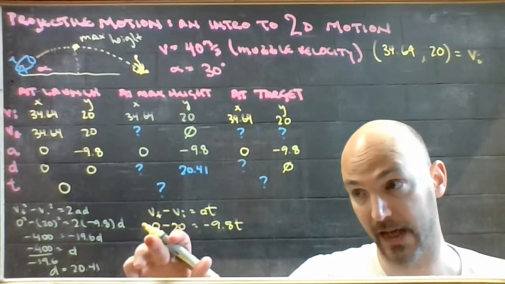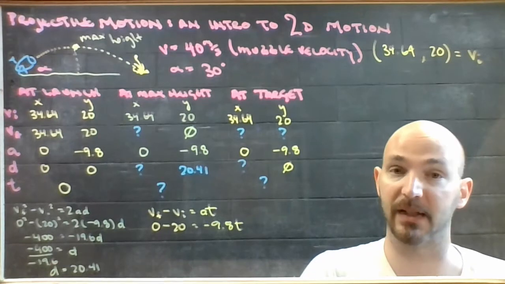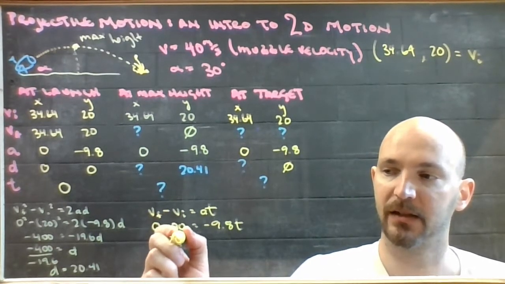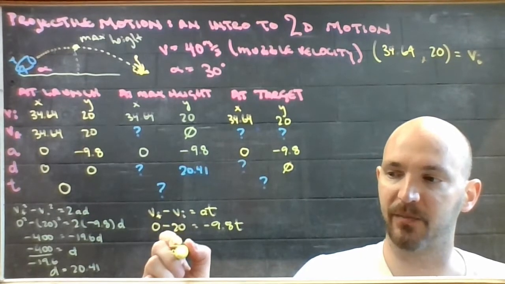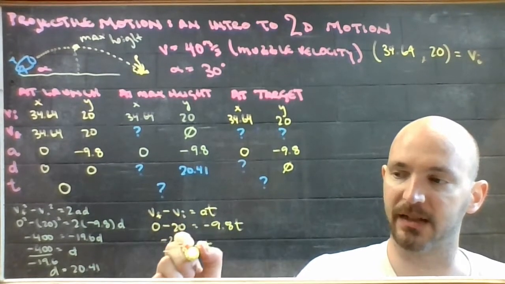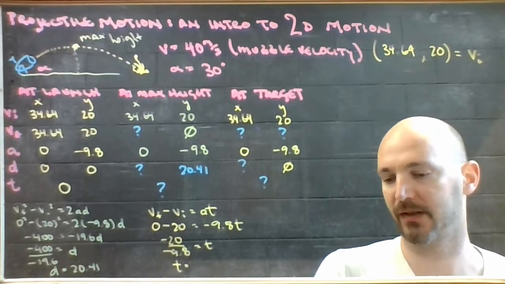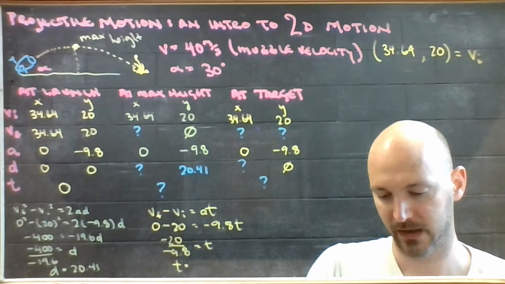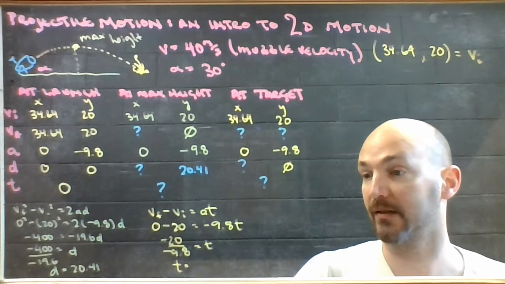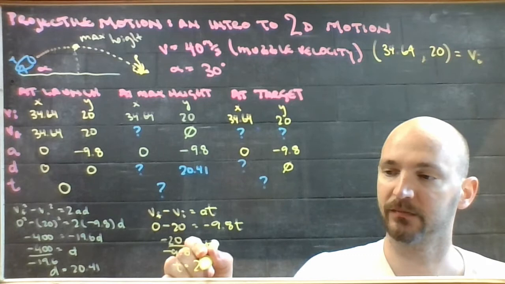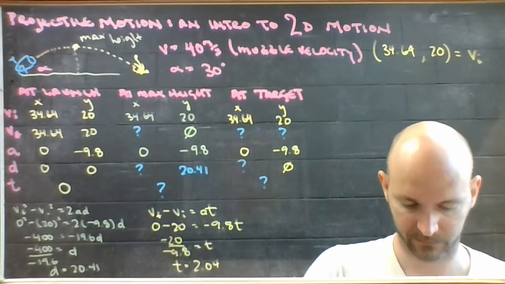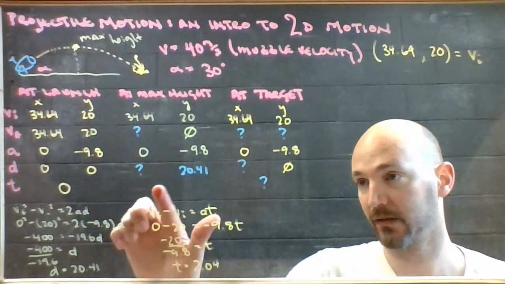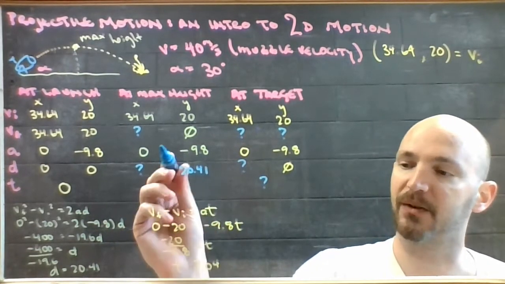And I have, again, successfully filled in all the letters except for one. 0 subtract 20 is negative 20. And negative 20 divided by negative 9.8 should give me my time. Let's try that. 20 divided by 9.8 gives you 2.04 seconds. All right, so this question mark here is 2.04 seconds.